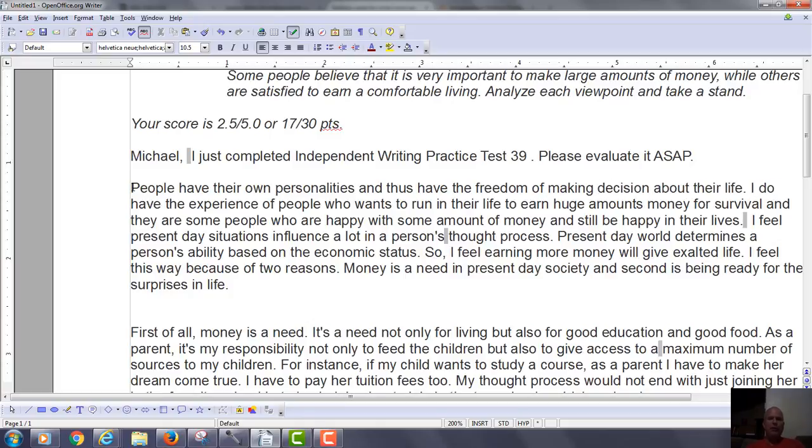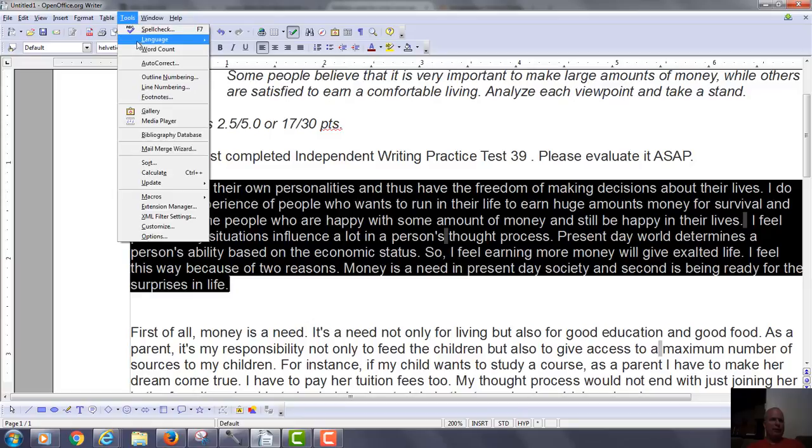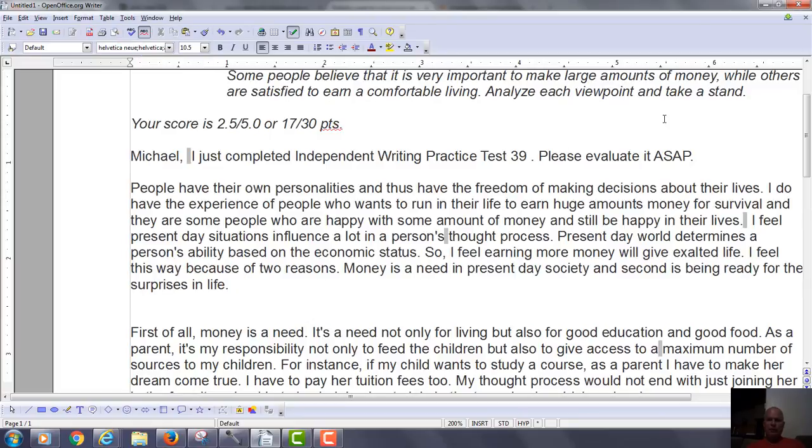Because we have people's plural, making decisions about their lives. And let's see how long this first paragraph is, just for curiosity purposes. That's pretty good. It's 118 words.